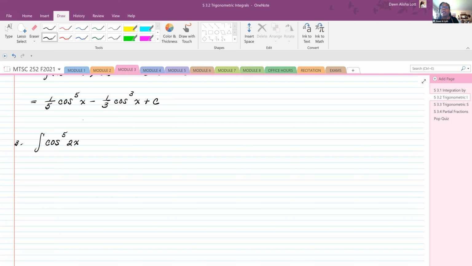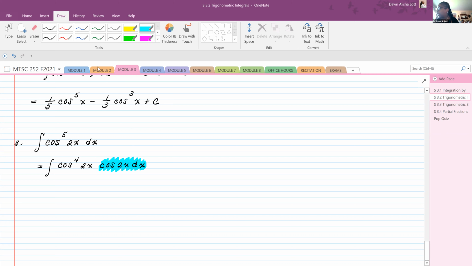It's just cosine, but it is cosine to the fifth and 5 is odd. So peel one off. Okay, again, one of them's odd, peel it off. So I have the integral, this is going to leave me cosine to the fourth of 2x times the cosine of 2x dx.